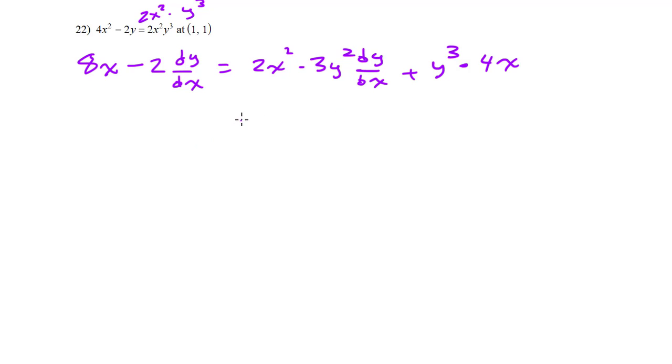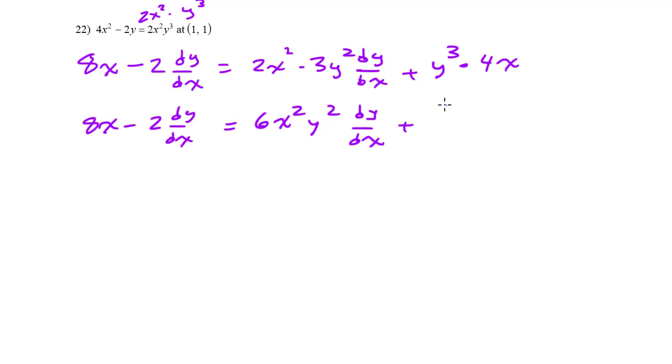And now we want to simplify this and get all the dy dx's together. So let's write this as 8x minus 2 dy dx, and make this look nice. 6x squared y squared dy dx, plus this would be 12, this would be 4xy cubed.